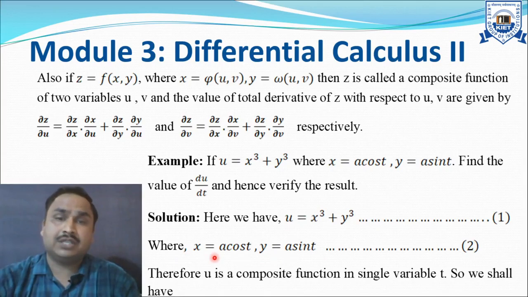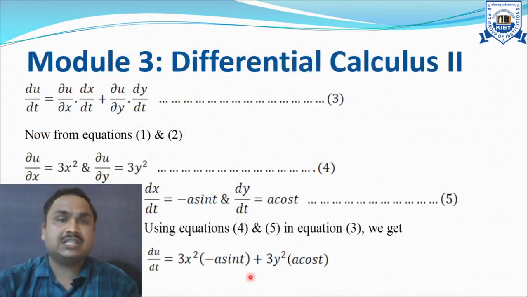So from equation 2 it is clear that x and y both are functions of single variable t, so the derivatives of x and y with respect to t will be ordinary derivatives. Also from equations 1 and 2 we conclude that u is a composite function in single variable t.